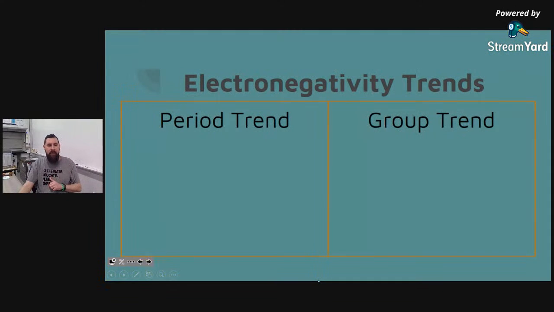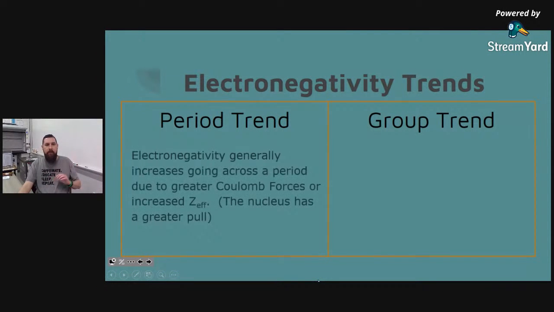But as far as trends, for the period trend, as you go across, we see electronegativity increase. And again, the reason we see electronegativity increase is that radius is decreasing. As radius decreases, Coulombic forces increase, our Zeff increases. Because of that, the nucleus has a greater pull on the electrons, whether they are pulling them from an outside source or pulling them towards them within a bond.